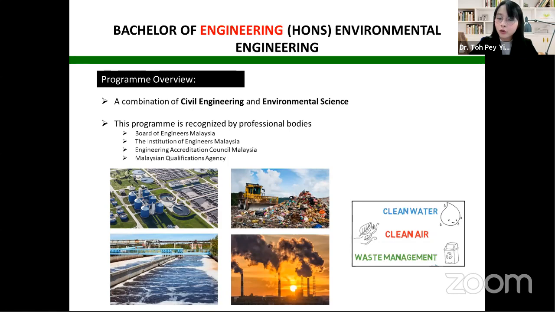Then you may have a question on what the role of the environmental engineer is. Actually, the environmental engineer's main role is to always ensure we have clean water, clean air, and also proper waste management. They take care of our environment.